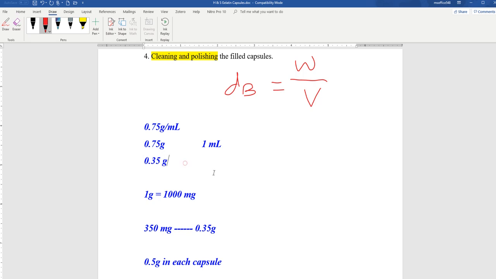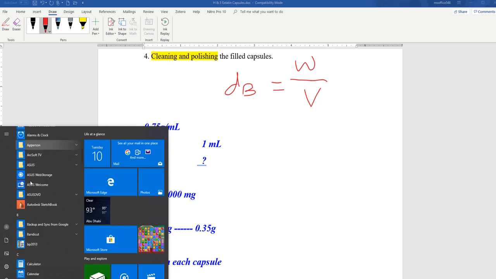Okay, now I will change this one to 0.35 gram. So here I will say okay, 0.75 gram takes 1 ml, 0.35 gram will take how many ml? In order to get this, you multiply 0.35 by 1, then divide it by 0.75.